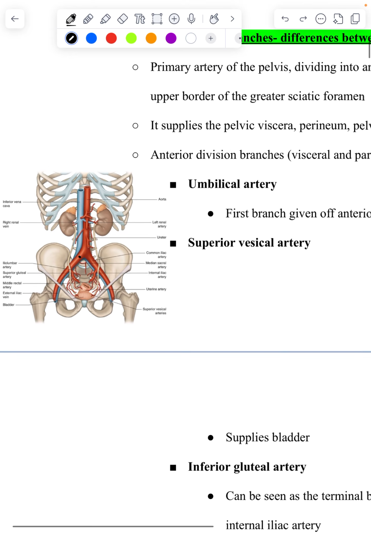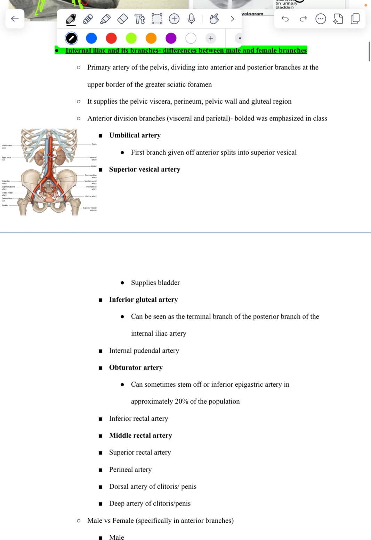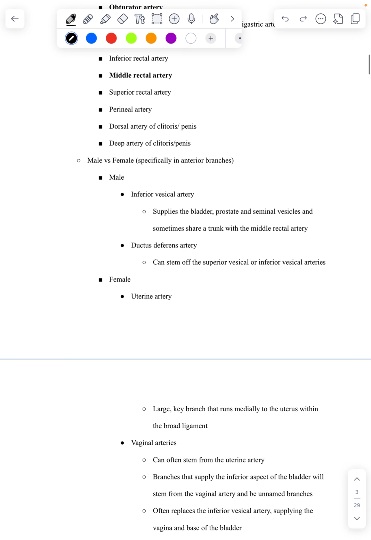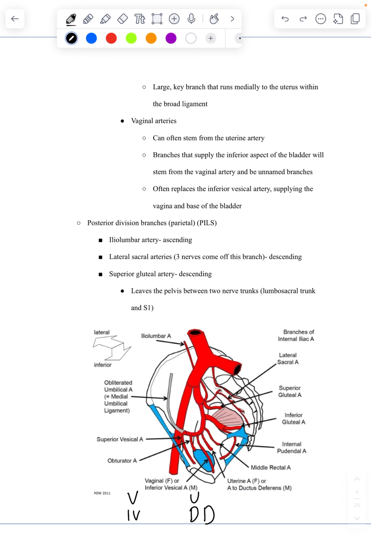So, internal iliac will have posterior and anterior divisions or branches. So this is how I remember them. There's a few of them. For the posterior branch, whatever letter ends the first one will start the other one, if that makes sense. So iliolumbar is IL.